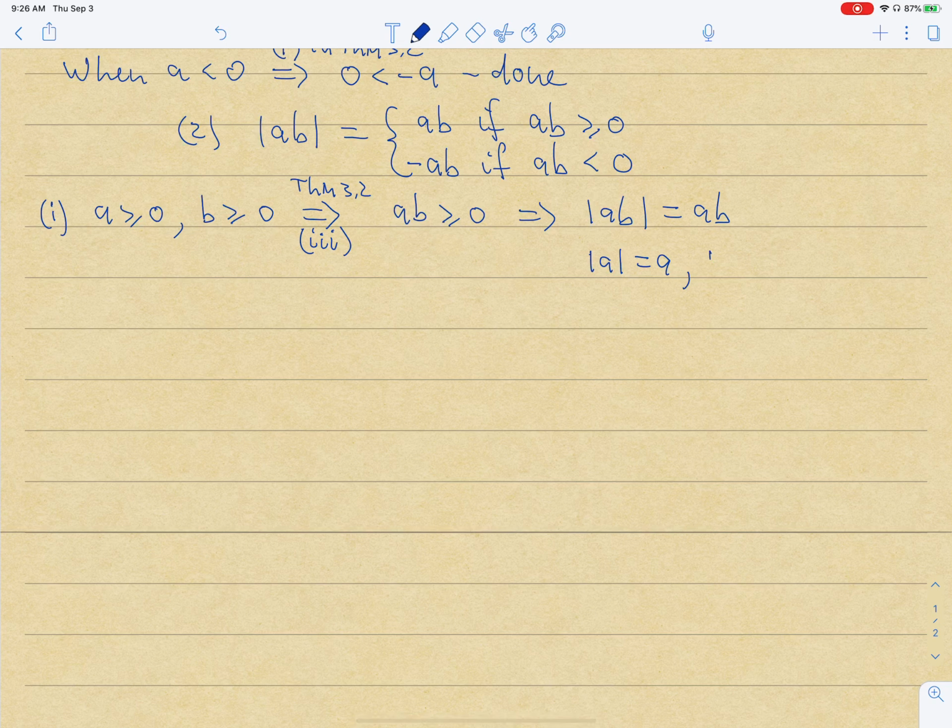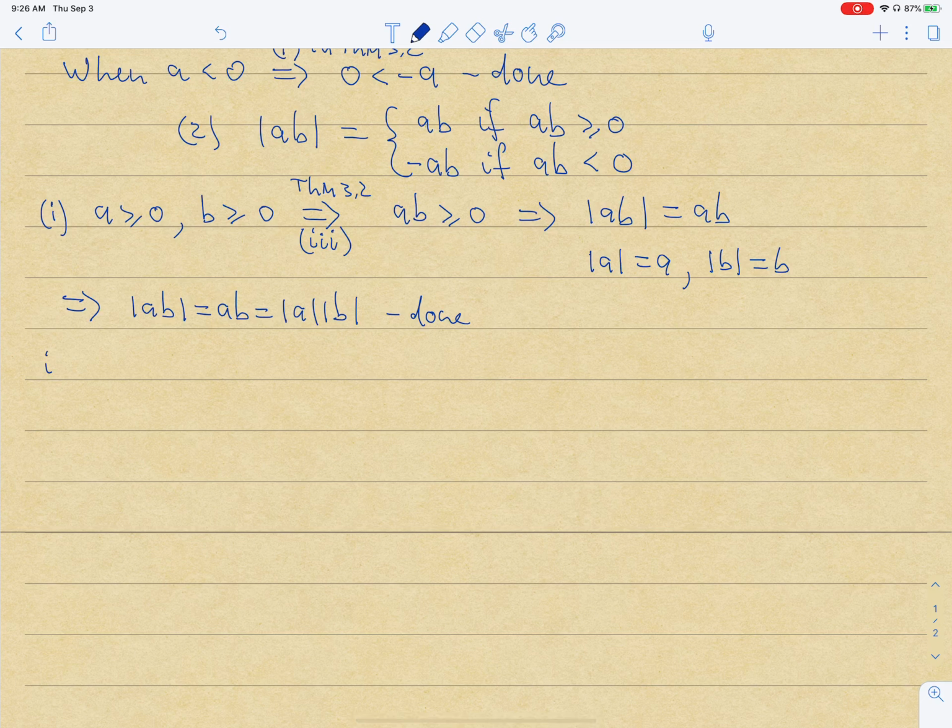And absolute value of B is equal to B because B is positive. But then, of course, I can conclude from this that absolute value of AB is AB, where A is absolute value of A, and B is absolute value of B. So I'm done in this case.